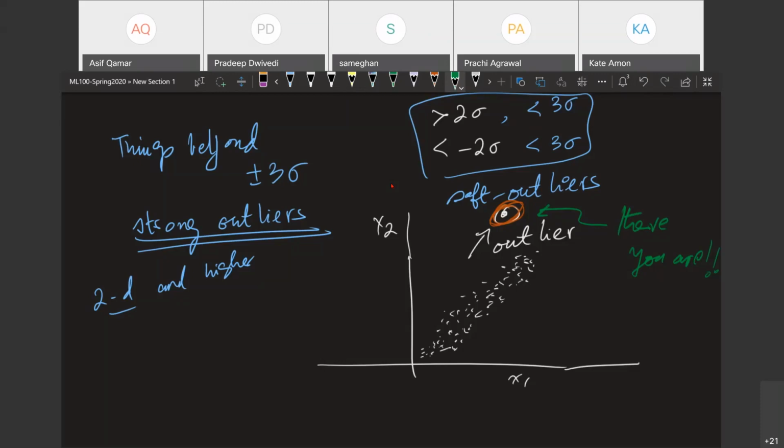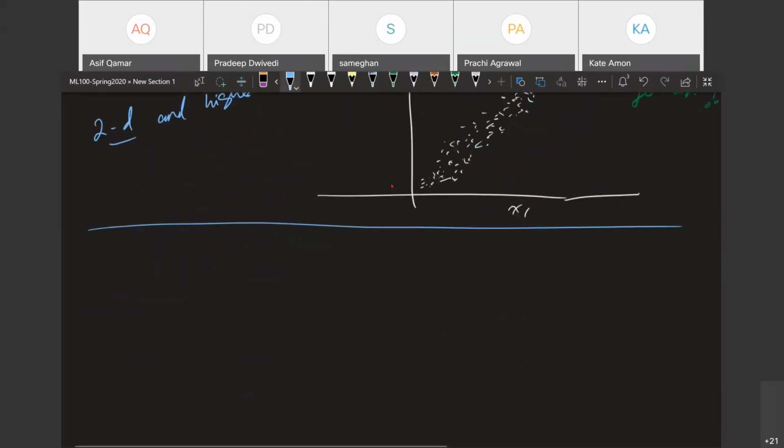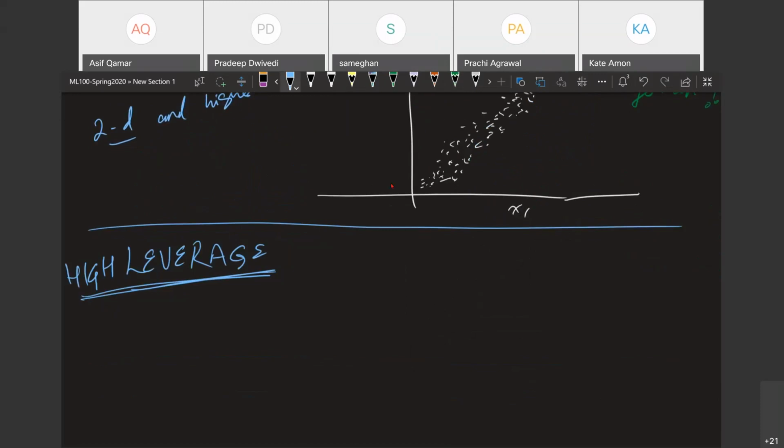So that is outliers. But there is another class of things which are slightly different. They are called points of high leverage. High leverage points are points which, for whatever reason, are sitting somewhere, hiding in the data. But if you remove this point, your model will change. It's very interesting.